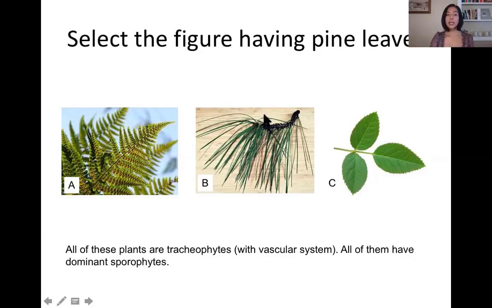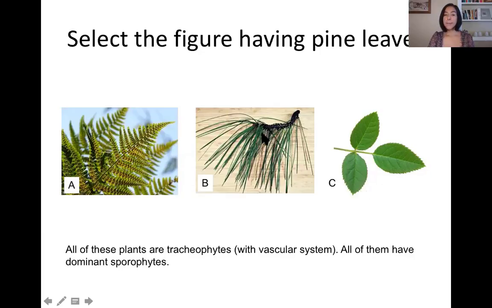So pines are going to have these type of leaves that I was mentioning before, like in here. This one is part of the fern with the sori that we have covered in the past. And this one is one leaf of an angiosperm, and in particular a rose.